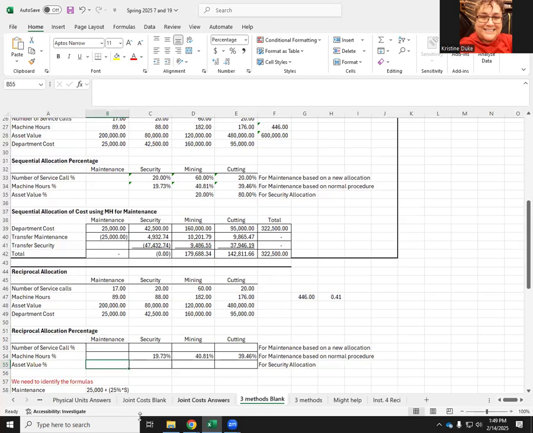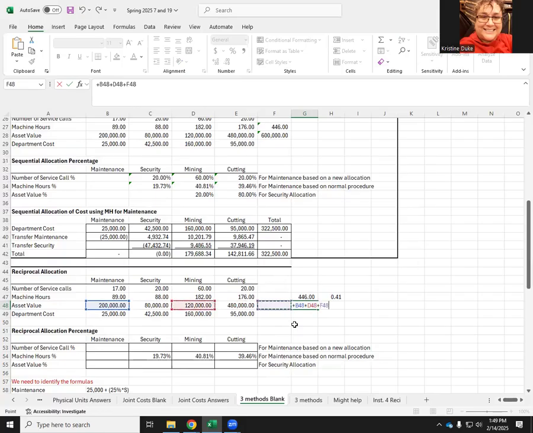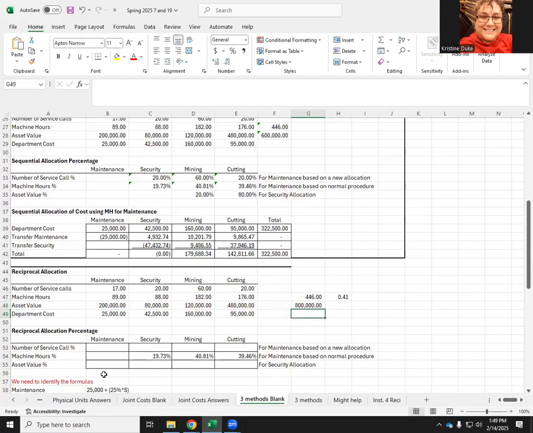Asset value. Asset value, because that's a security, so I'm going to be looking at 200,000 plus that one, so 800,000. Maintenance plus 200,000 divided by my 800,000.